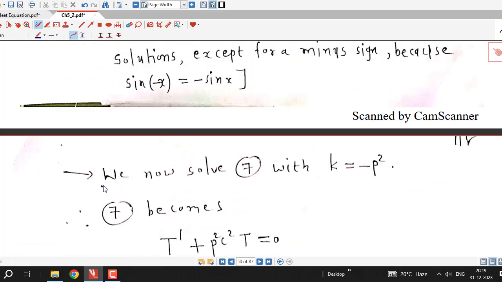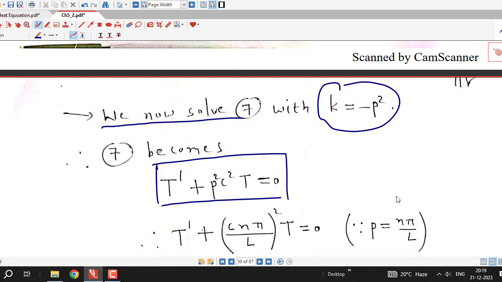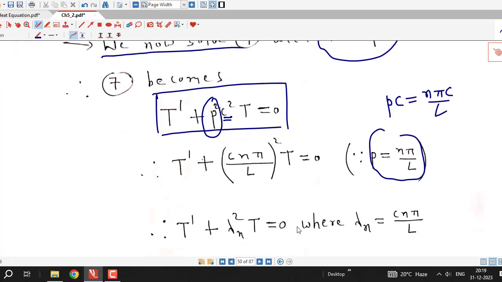So now I have written here, we now solve equation number 7 with k equal to minus p square, and if I take k equal to minus p square, I have T dash plus p square c square T equal to 0. p is now n pi divided by L, so that we have substituted here, and c is also in the form of square, so we write p into c equal to n pi c over L and square of that quantity times T equal to 0, and I denote this quantity by lambda n.